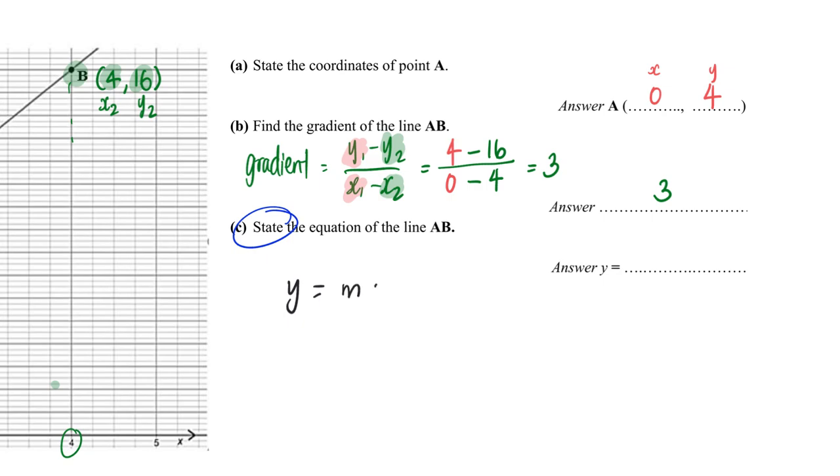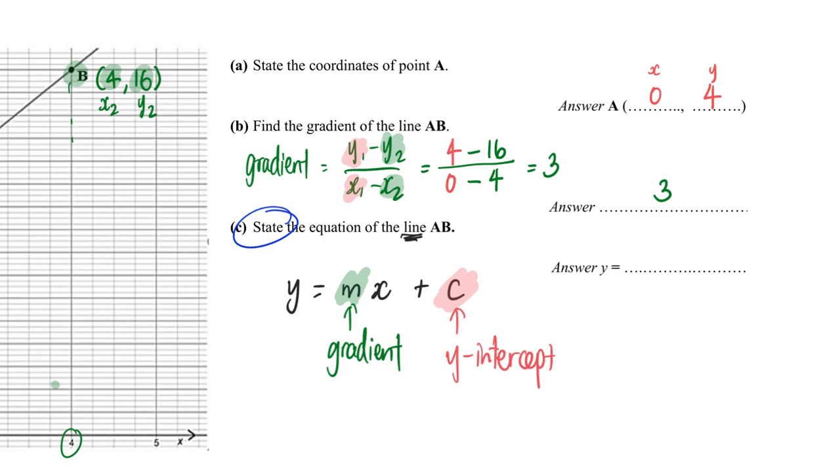Please remember, this is the general equation of a line. And m actually represents gradient. c represents y-intercept. And so in this case, we got these two numbers, 3 and 4.